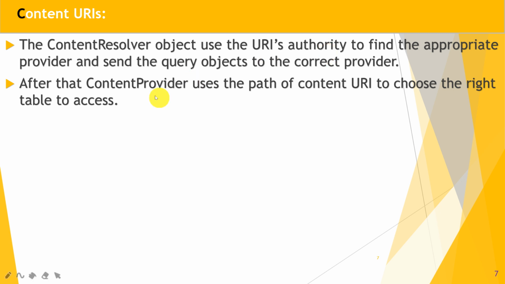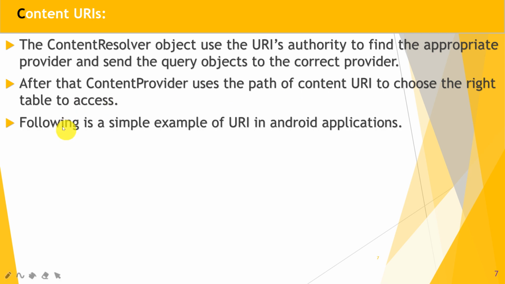So the content resolver sends the query to the appropriate content provider, and it depends on the URI's authority. Great. After that, the content provider takes its table name, that is the path, from that content URI and accesses the data from the particular database. Following is a simple example of a URI in an Android application.